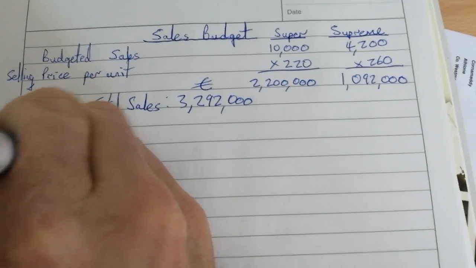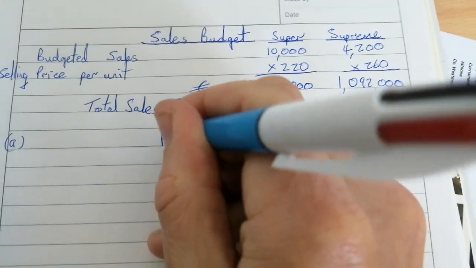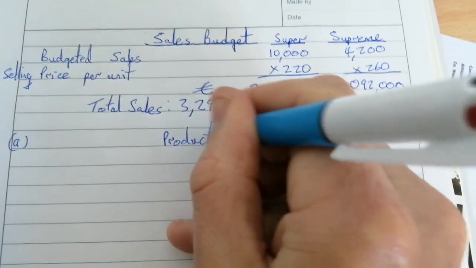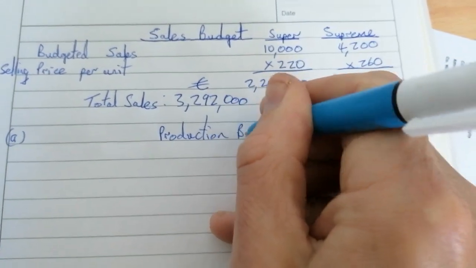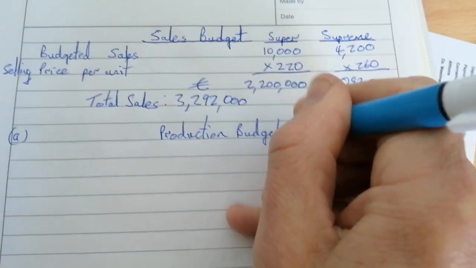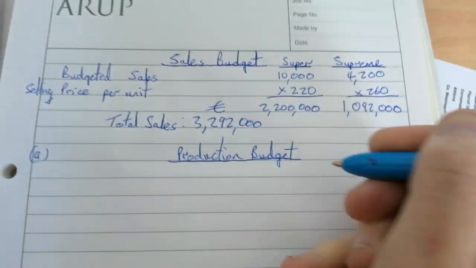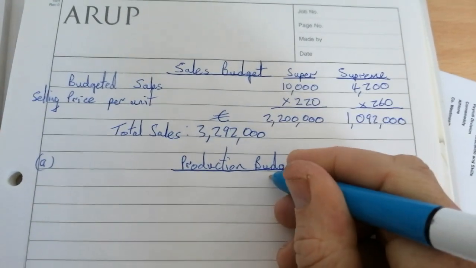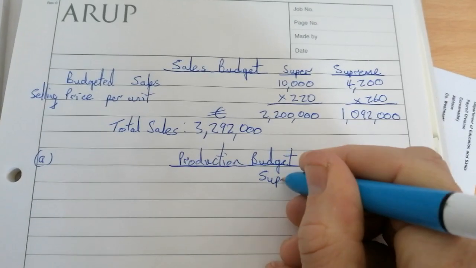Next thing, what they asked us to actually do, part A, is the production budget. As I say, it's just like a production budget at ordinary level. We're going to have a column for Super and a column for Supreme.